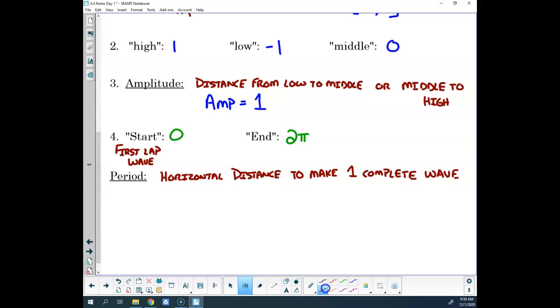We find it, it's very easily found, the period is equal to the end minus the start. So in this case, the period would be 2 pi. It takes me 2 pi units to make one complete wave.